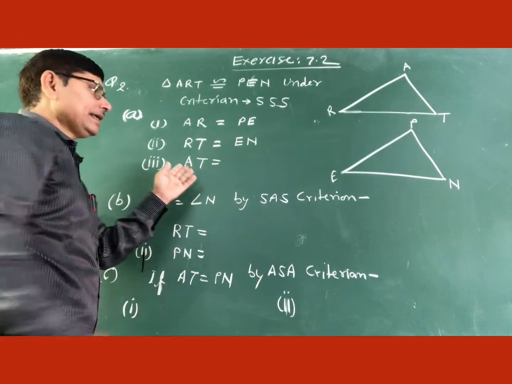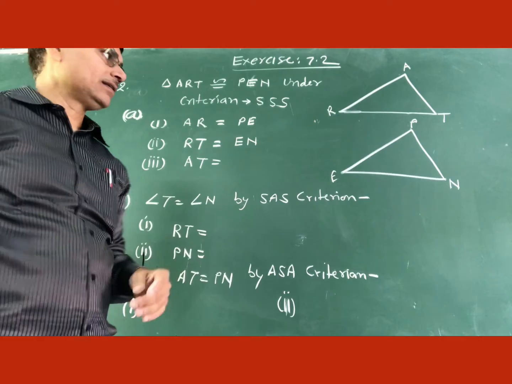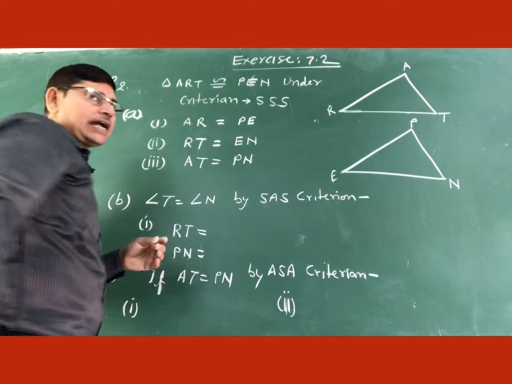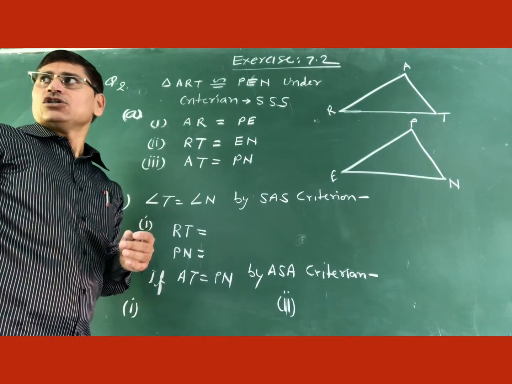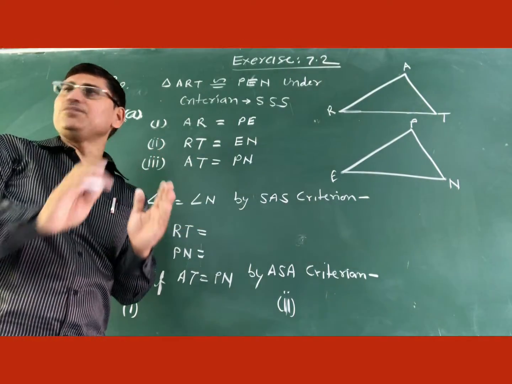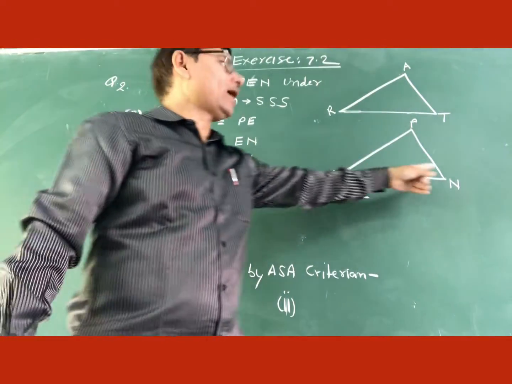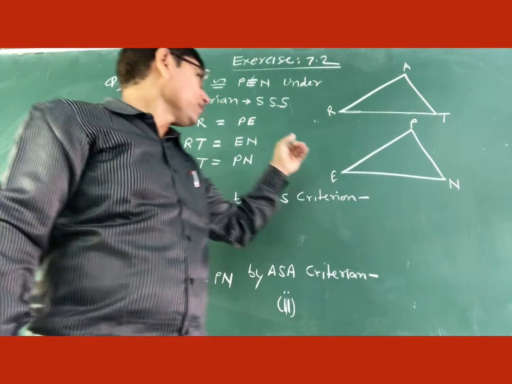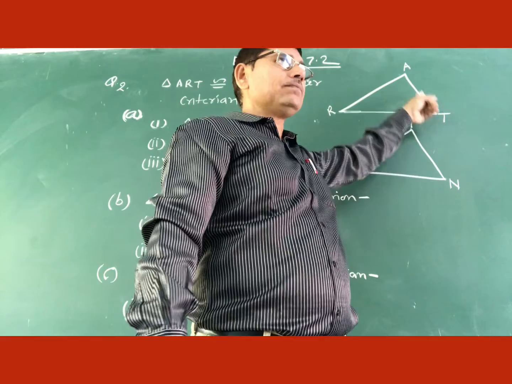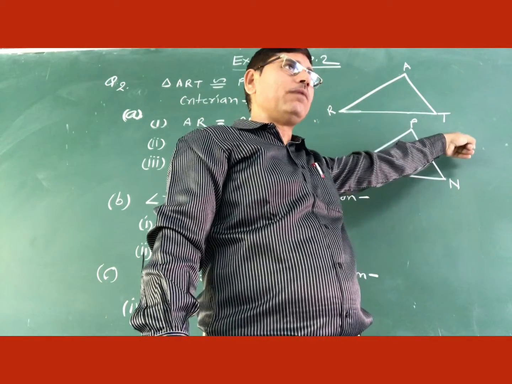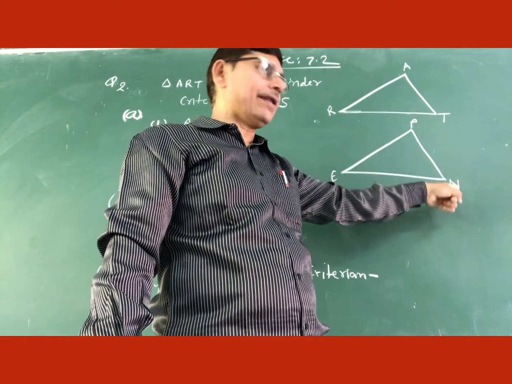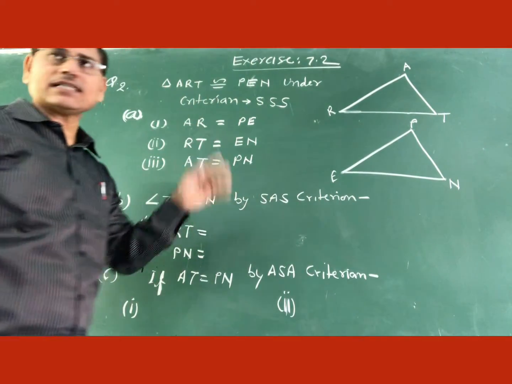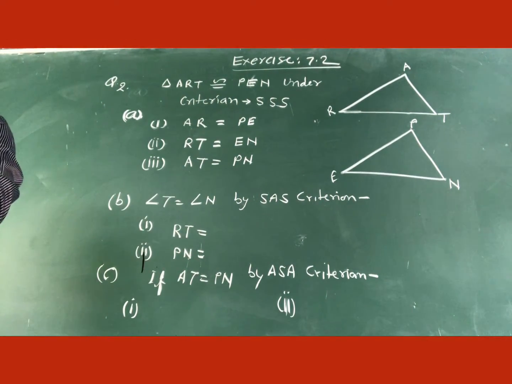And after that AT, upward to downward, PN, correct, because these are the corresponding parts. So you will write it just like that, same to same. You cannot write PN as NP; if you write it that way it will be wrong. AT means upward to downward, so you will write PN upward to downward only. So this is the answer of part A.